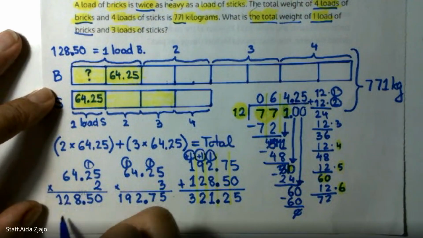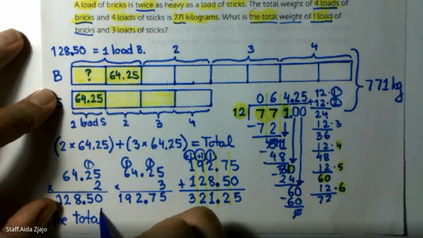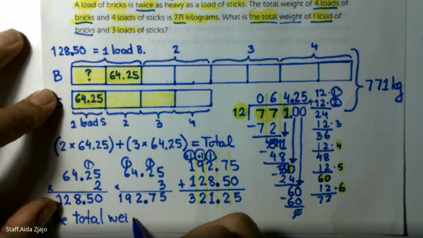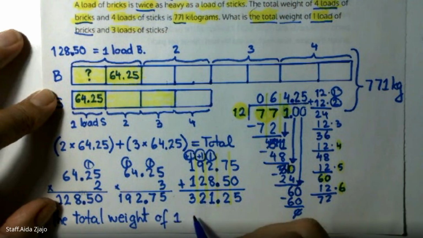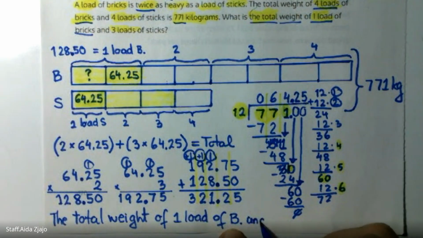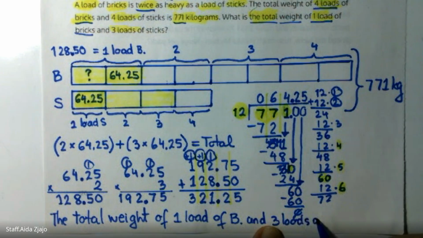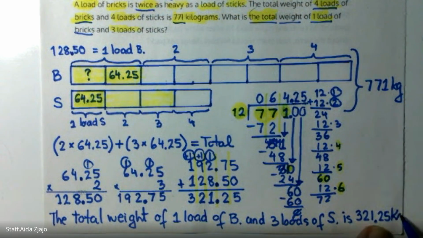So let's see, the total of 1 load of, I'm going to abbreviate, bricks and 3 loads of sticks is 321 and 25 kilograms.